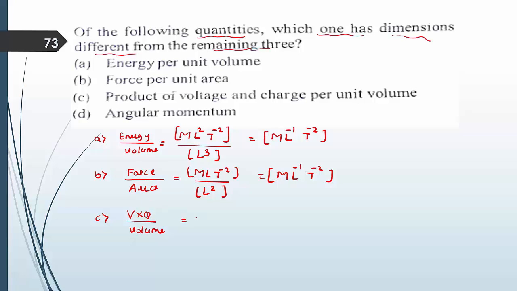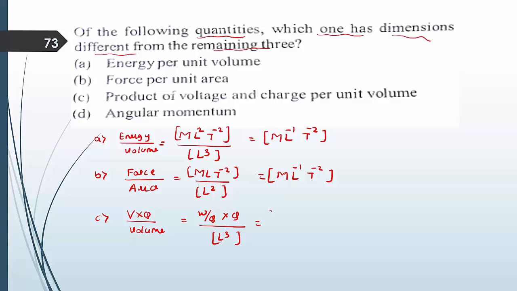Right, we can write potential difference V equal to, we know that, W divided by Q, into Q divided by volume, which is L cube. Work is equal to energy here, right? Because we know that the amount of work done to bring a unit positive charge from infinity to that point is the definition of potential difference V. So if you want to do work, then we need energy.